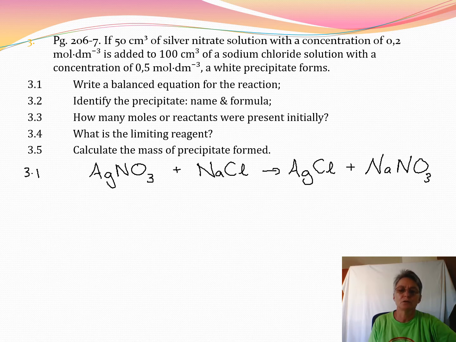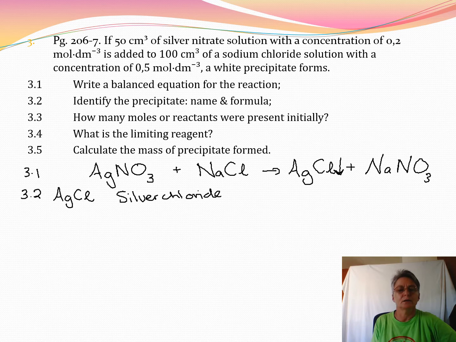So here you need to know your solubility rules, and it's the silver chloride that will form the precipitate. We can indicate it with an S or an arrow going down. 3.2, it's AgCl or silver chloride.